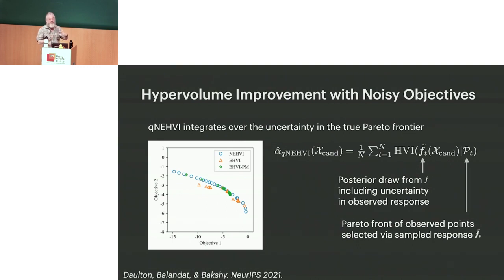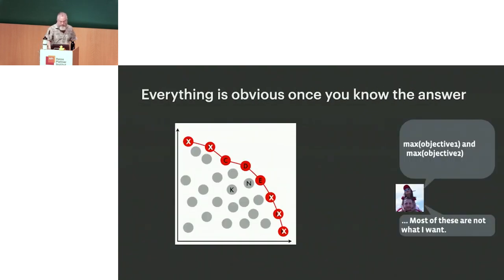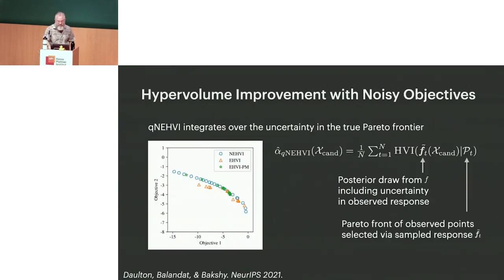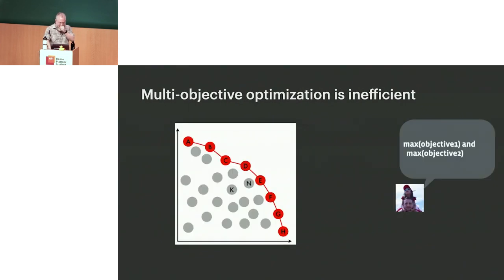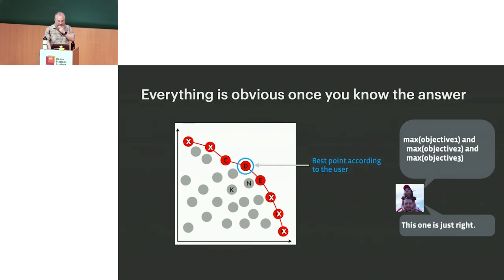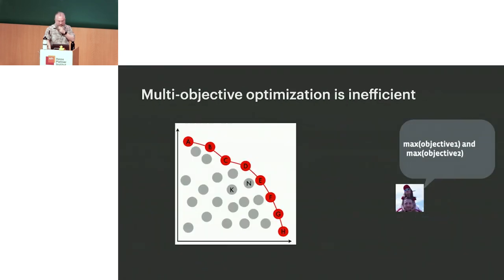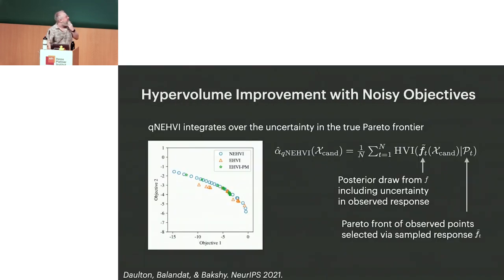There are also adaptations that one can make where we're able to integrate over our uncertainty in the existing Pareto frontier, because we might not actually know which of these points are truly along the frontier or what values they're taking on. And later on, I'll be talking about some more tools about making this more efficient.